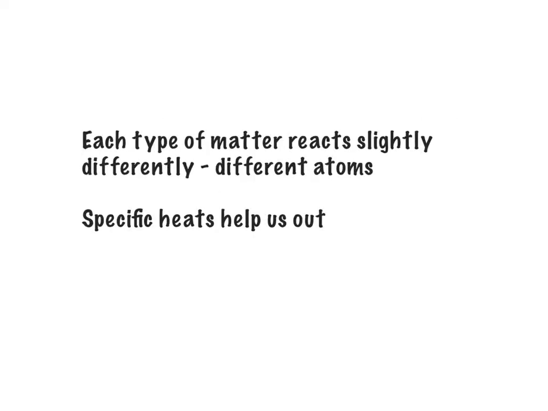Each type of matter that we're talking about that could be the surrounding will act differently, because all of them have what's called a specific heat capacity. This basically tells us how much energy we need to put into something to get it to increase in temperature. So obviously the lower the value, the better the conductor of heat.